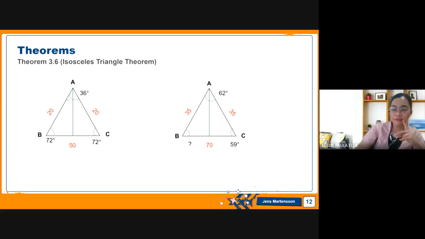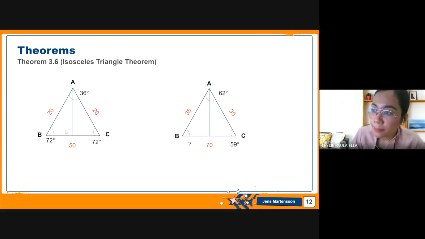Okay, so I have mentioned earlier that for every triangle, the included angles when added up should be equal to 180 degrees. So we have here 72 as angle B, 36 degrees as angle A, and 72 degrees as angle C. So when we add all of this value, we'll come up with a total of 180 degrees.